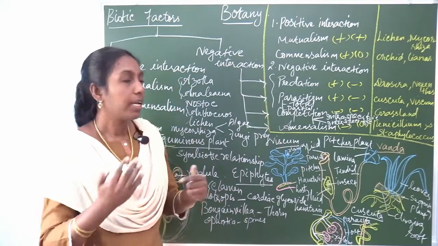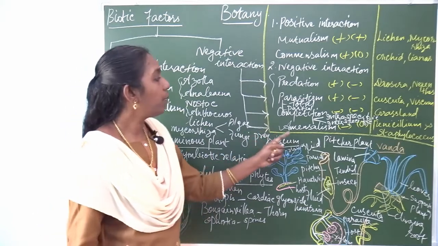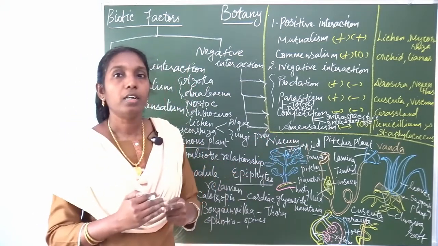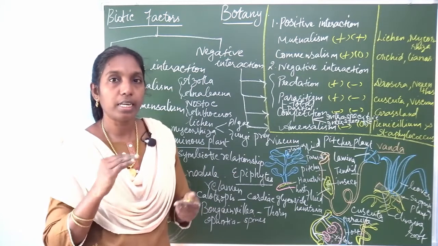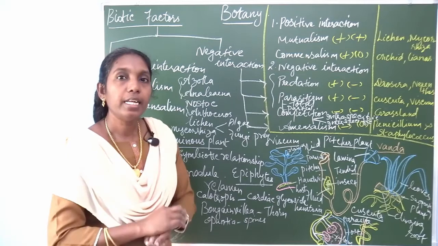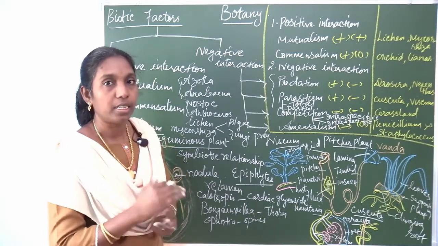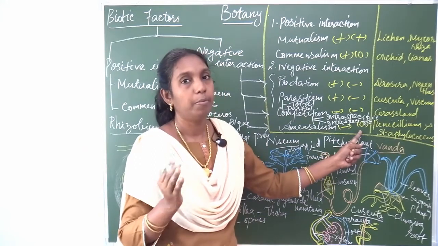Then another negative interaction is called amensalism. Amensalism is the interaction between two different species. One is inhibited by the other, and the other is neither harmed nor benefited.